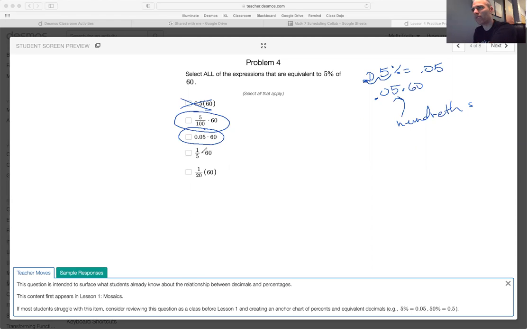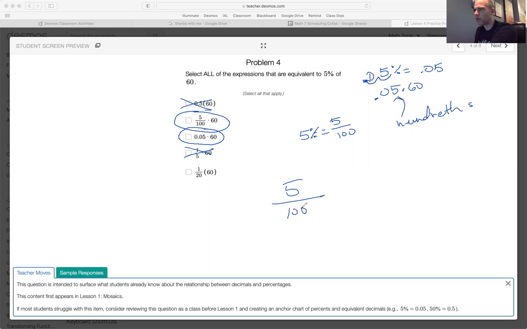Now I see 1/5 times 60. 1/5 and 5% are not the same. That's not the way it works. 5%, let me put a percent symbol on there, is the same as 5 hundredths. Percents and hundredths are the same thing. And so 5 hundredths and 1/5, those aren't the same. I'm not going to go with that. But I do see this 1/20th down here.